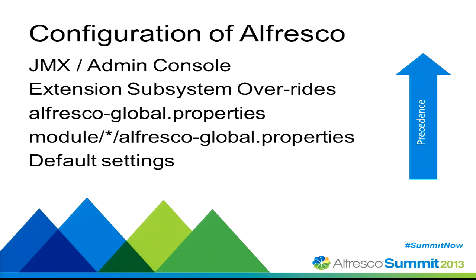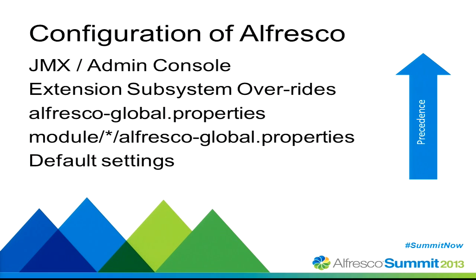This is the first place you go to. It's a file called alfresco-global.properties, and any simple configuration, you put your changes in there. If you're using Alfresco Community, then that's the place that you put your properties.